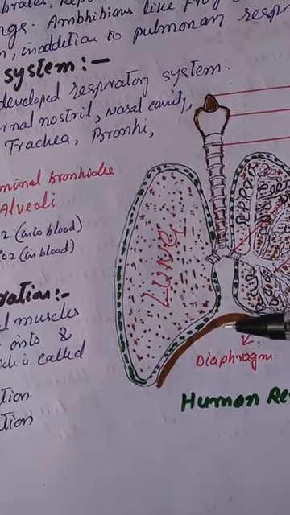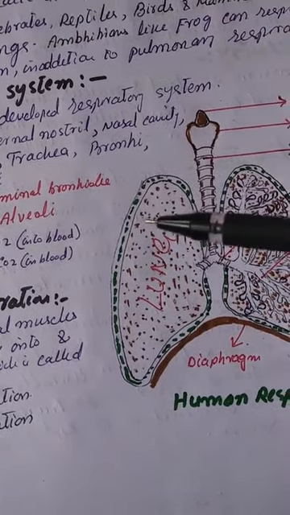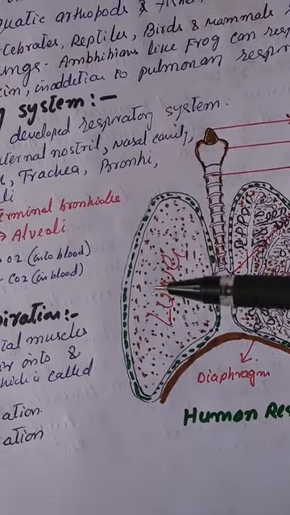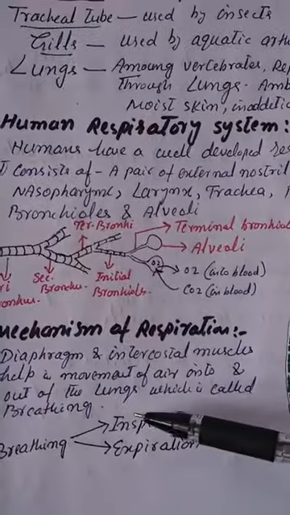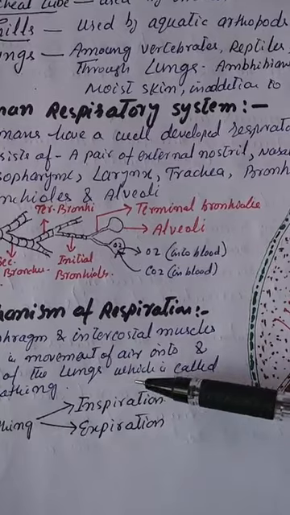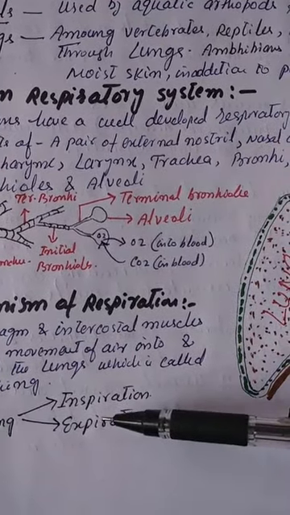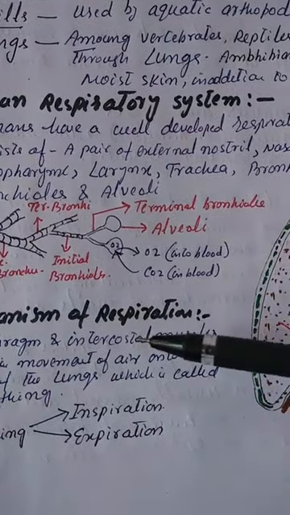The diaphragm and the intercostal muscles help in the movement of air into and out of the lungs, which is called breathing. So breathing involves two steps: inspiration and expiration. Inspiration is the step during which air is drawn into the lungs, and during expiration, the alveolar air is sent out of the lungs.